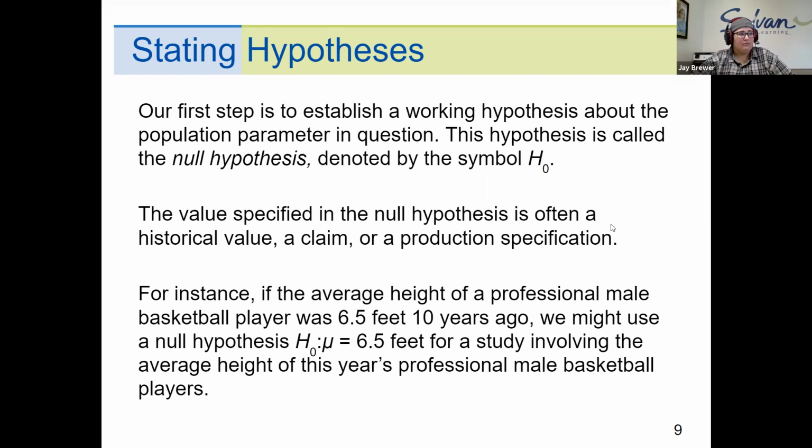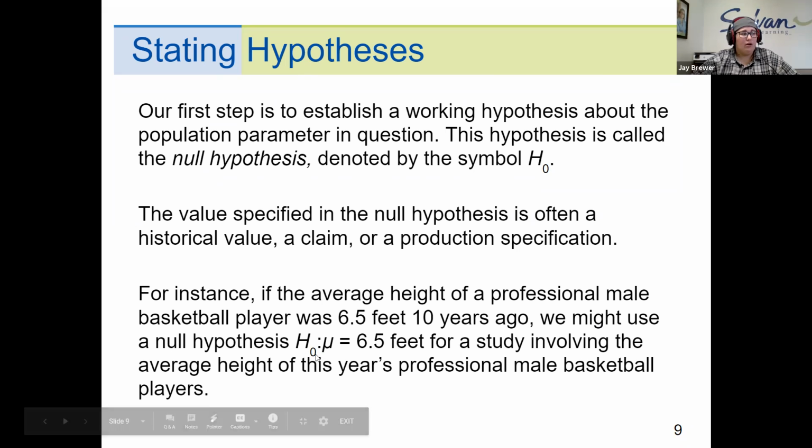The value specified in the null hypothesis is often a historical value, a claim, or a production specification. For instance, if the average height of a professional male basketball player was 6.5 feet 10 years ago, we might use a null hypothesis of mu equal to 6.5 feet for a study involving the average height of this year's professional male basketball players.